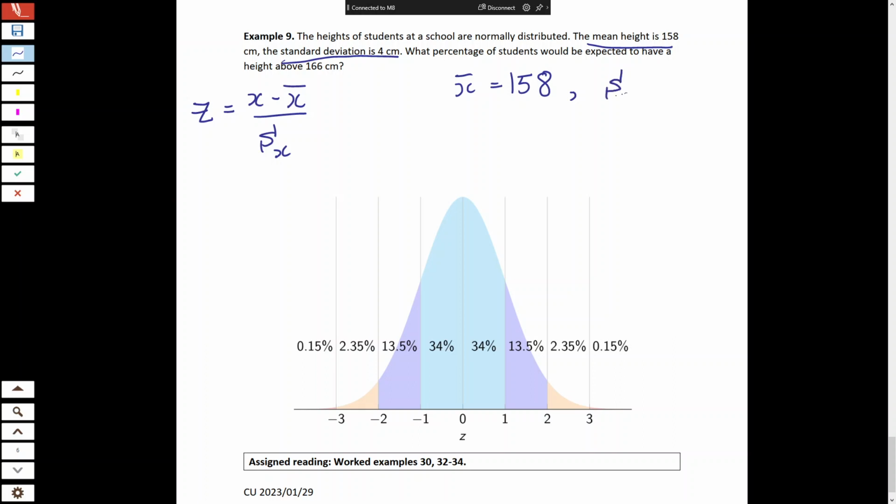Standard deviation is 4. So z equals, well, I need x as well. Yeah, just make sure you're reading it correctly.